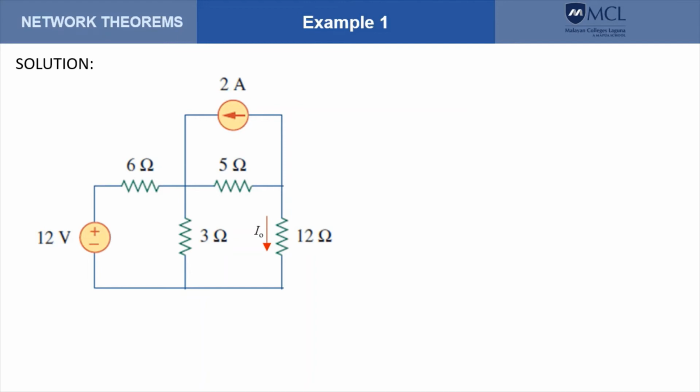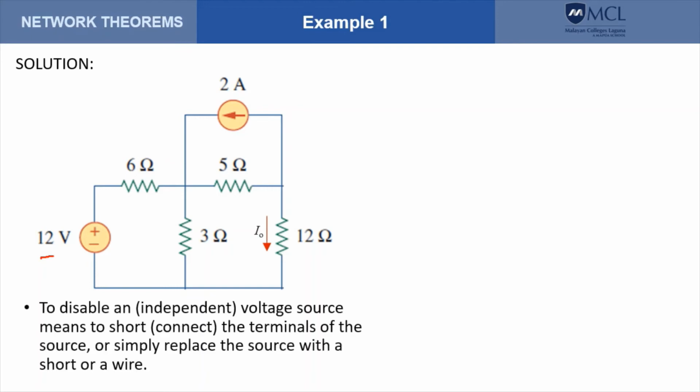We then next determine the effect of the 2 ampere current to the 12 ohms by also disabling the 12 volts source.